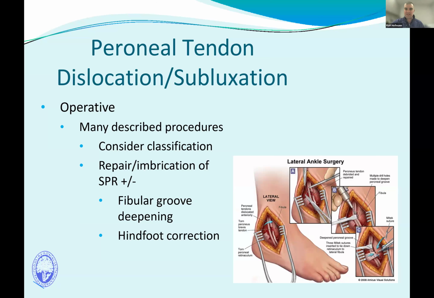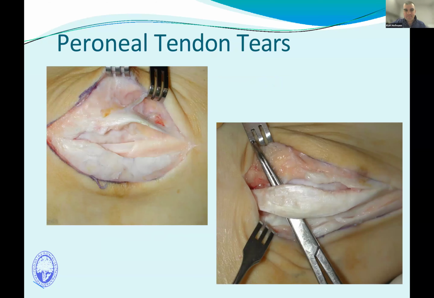So it's a bit of a more special situation in that respect. But in a similar concept, you want to repair the bony anatomy, the bony landmarks in that area, whether it's the calcaneus or the fibula, as well as the peroneal tendons, and then be able to manage that bony anatomy to reduce the risk of dislocation in the future.